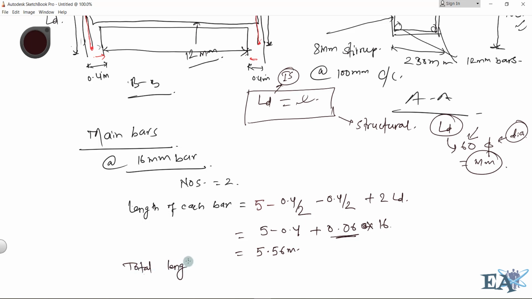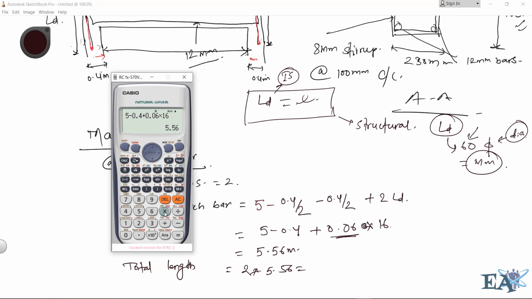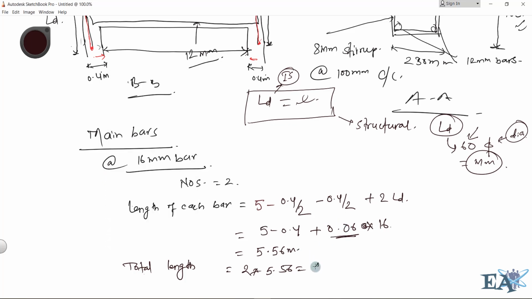So the total length of the 16 mm bar is 2 into 5.56, so let me multiply it by 2. The answer is 11.12 meters.